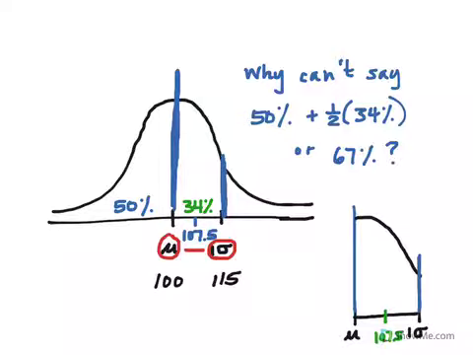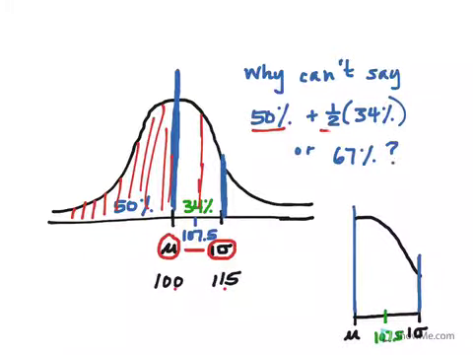And I noticed that 107.5 is exactly halfway in between 100 and 115. So, well, can't I just say, I know that this is 50% of the data, and then can't I just take this 34 and cut it in half and say, well, the 50% plus half of the 34, or 67%. And why can I not do that?